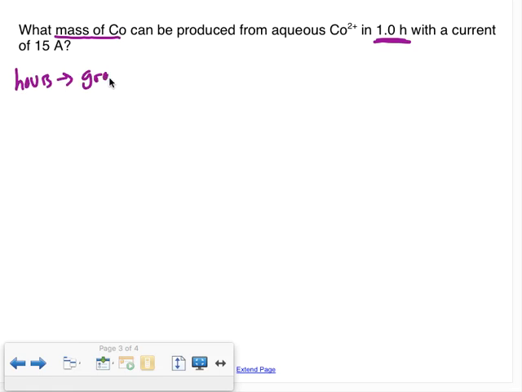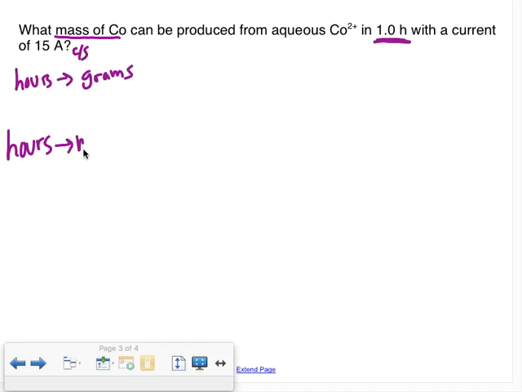So let's make a detailed step-by-step plan for how we can get from hours to grams. All right, so I know hours is where I'm starting. Just thinking about the conversions we're able to do, we know we're going to need that time in seconds because amps, remember, is coulombs per second. So we can get that time into seconds by going hours to minutes to seconds.